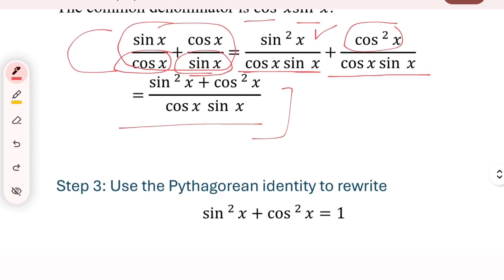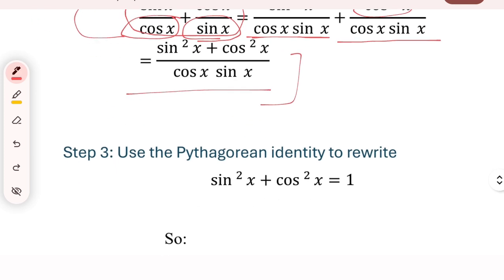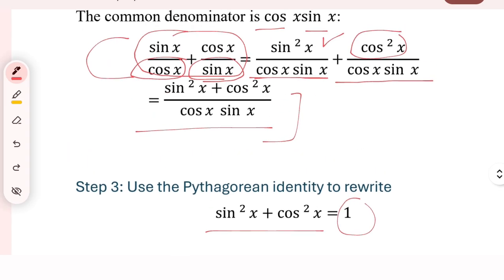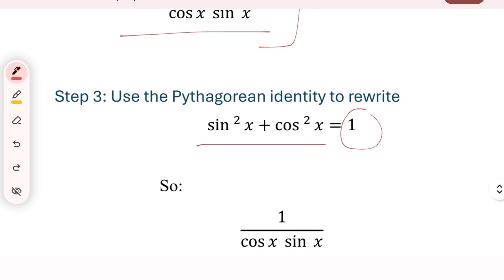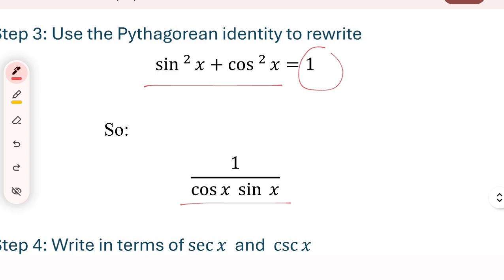Now look at our numerator. We have sine square x plus cosine square x. We can replace that with an identity. Remember this identity? Sine square x plus cosine square x is equal to 1. So we can replace the numerator with 1, and what is left is 1 over cosine x sine x.